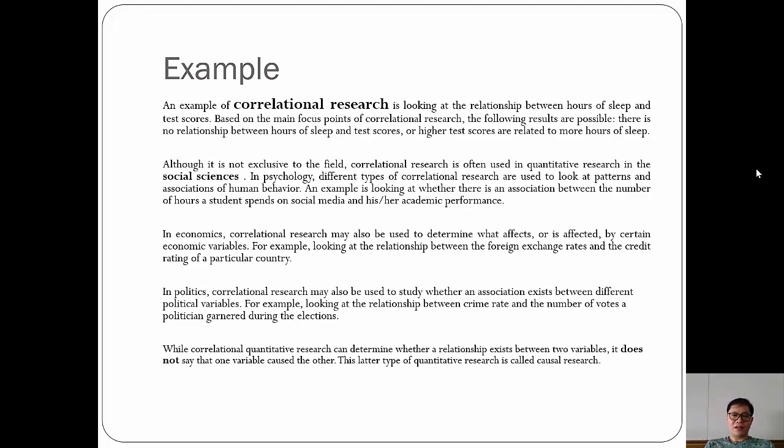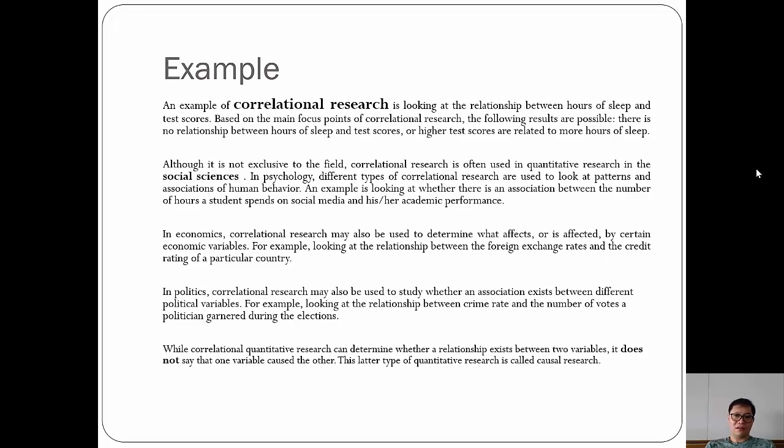Okay? Another one, it's on politics. Correlational, it's maybe not related in this example. Is the crime rate related to the number of votes a politician gathered during the election?